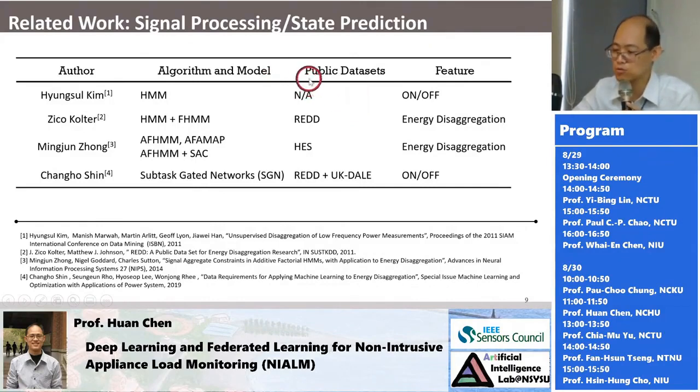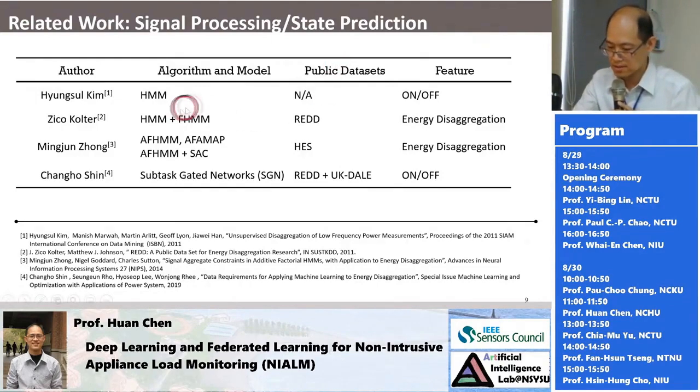So these two papers are very important references. Mr. Kolter also built a data set called REDD, the Reference Energy Disaggregation Data Set, with several houses, and it targets furnishing further research in this field.